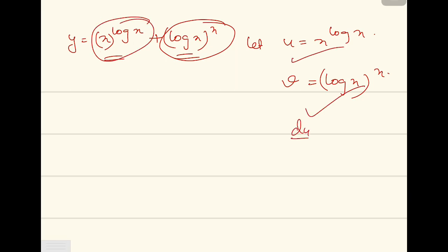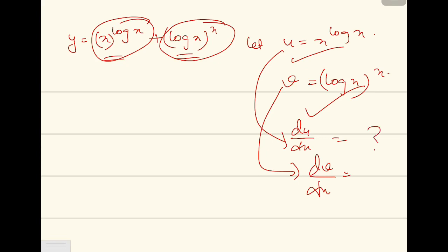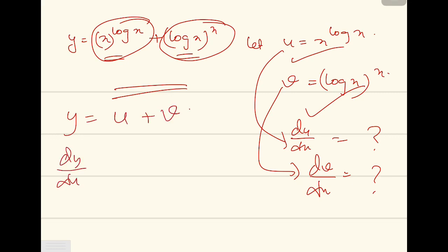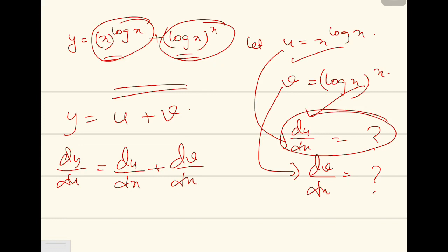You will get du/dx for this one, and for this one you'll get dv/dx, and whatever answer you get here, you just have to add it up in the end. That will be the final answer, because that way y will be u plus v, and then dy/dx will be equal to du/dx plus dv/dx. That means whatever you get for du/dx and whatever you get for dv/dx, just add it up here, you will get the answer. Question mark plus question mark, whatever you get. Got it? So by differentiating it separately.